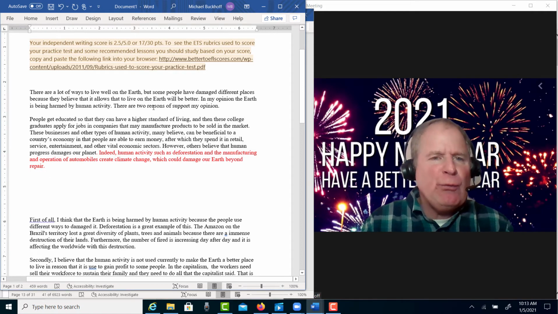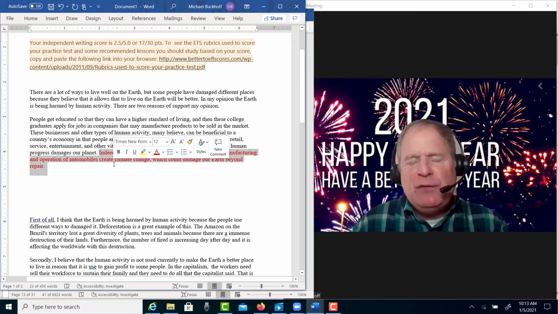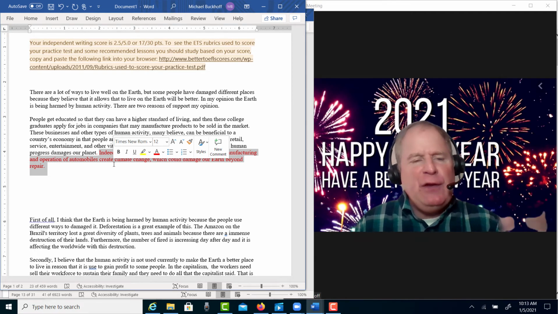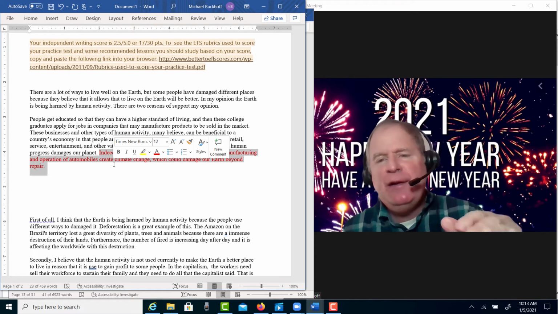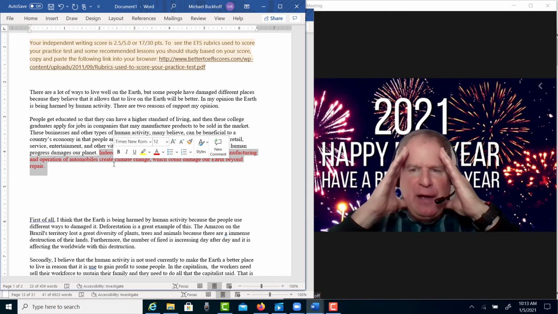You say there are 2 reasons to support my opinion, right? But I have a more specific thesis here. If your thesis is specific, it's much easier to organize the body paragraphs. But because your thesis was so general, you ended up being very general and very vague in the rest of the essay. Remember, the thesis is like the head.